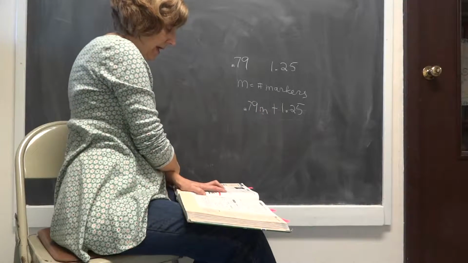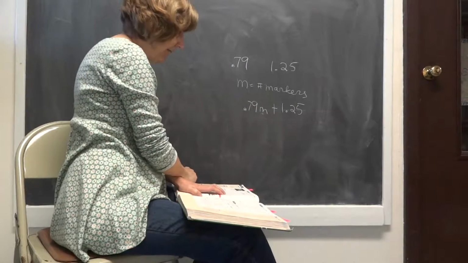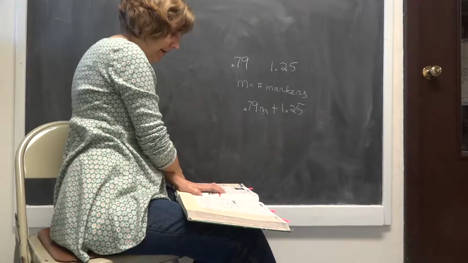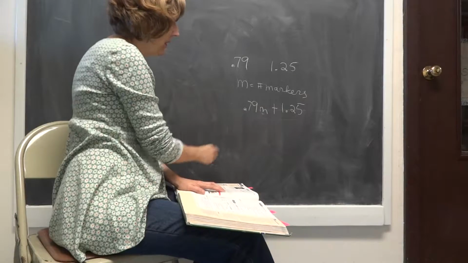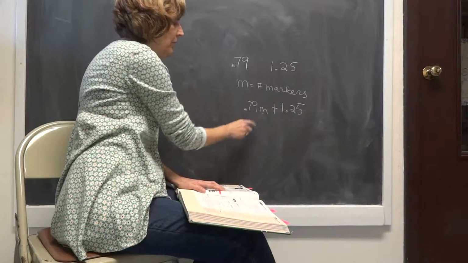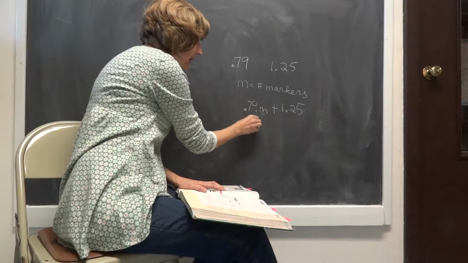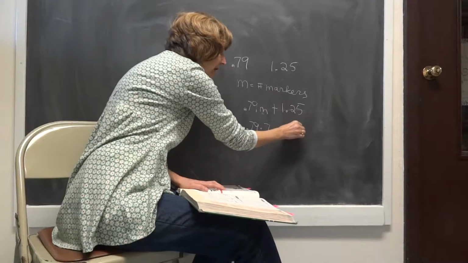Now the second part of that problem: they told you what M is. They said, evaluate your expression for 7 markers. M represents 7. So we're going to do 79 cents times 7, and then we'll add our $1.25.